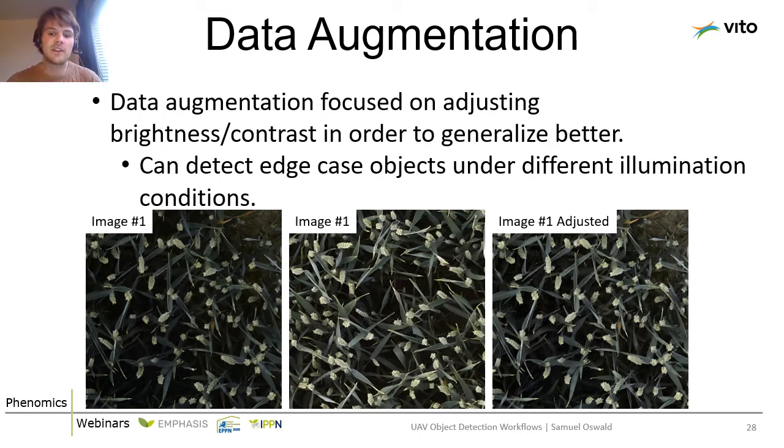You can see here that you have image number 1 on the left and image number 2 in the center. These are quite similar, but the one on the left is darker. Whilst it won't be a huge problem, when the model does inference, it might think that certain edge cases, so an object facing in this direction, is only actually an object if it's at this darkness.